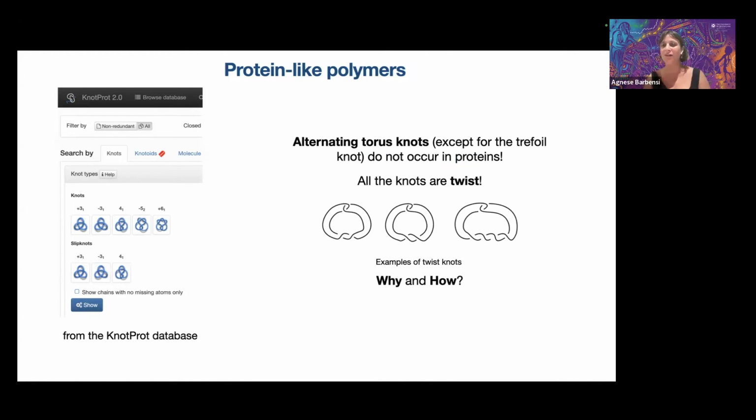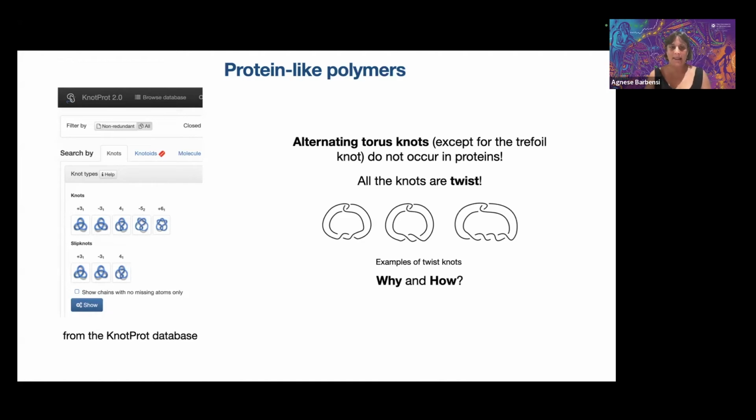So again, we do have one alternating torus knot, which is the trefoil, which also happens to be a twist knot. If you don't know what twist knots are, here is a schematic representing them, and they're just those knots created by taking an unknotted loop, twisting it a number of times, and then clasping the two ends of the loop together, as shown here in the picture.